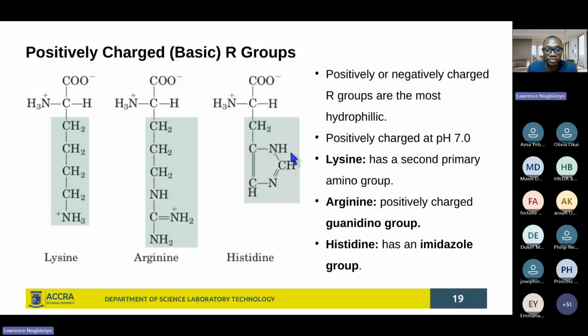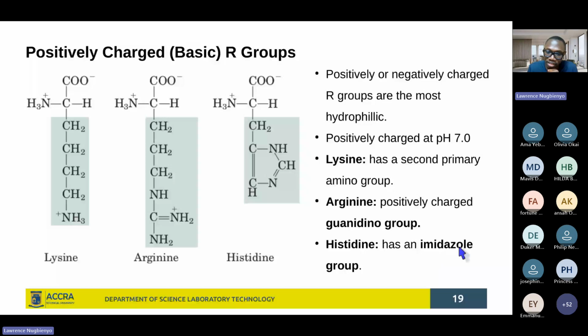When we finish looking at the structure of proteins, we will then look at the specific function of proteins as enzymes, and from there we move on to look at the various metabolic pathways, looking at the metabolism of the various biomolecules. This ring is referred to as an imidazole ring.